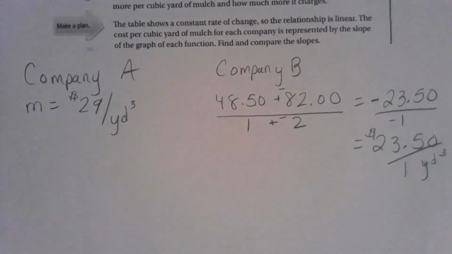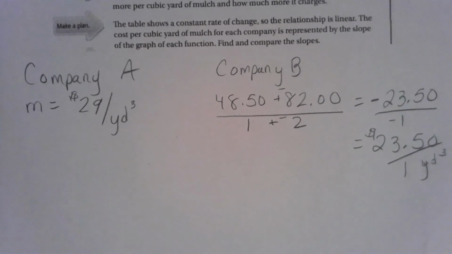Company B is charging less per yard. All right, so then the question says, well, how much less per yard are they charging? So what do you think you have to do?